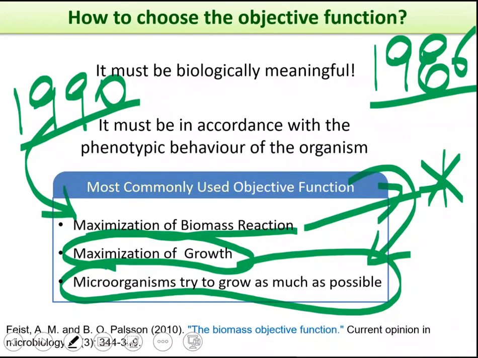They predicted the rate of biomass reaction, compared it with the measured growth rate, and they were in agreement. For example, they predicted the rate of ethanol production with this objective function, and when compared with the measured ethanol production rate, they were in agreement. So in a way, they validated this choice.